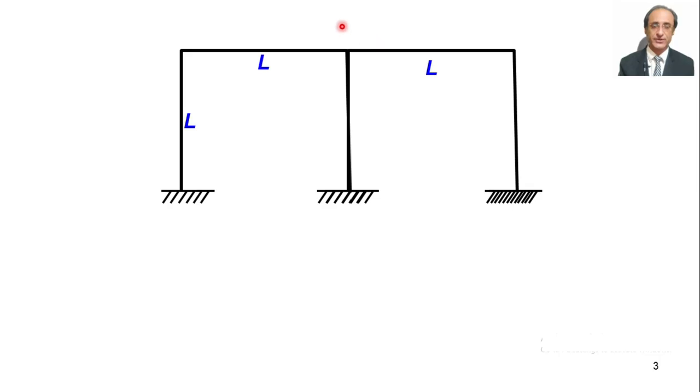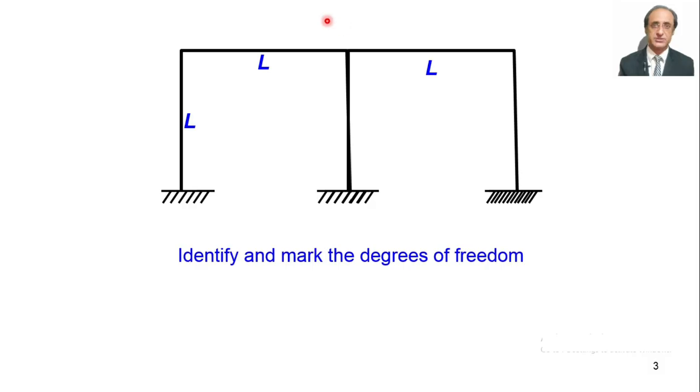Now we come back to this particular structure. So how do we handle the case of the temperature effect? We do as usual. Our objective is to incorporate all these additional effects such that we don't disturb the general framework of computations that we have so far developed. So first of all, we have to number the degrees of freedom, and we start with the unrestrained joints.